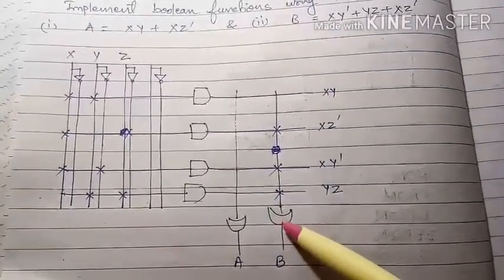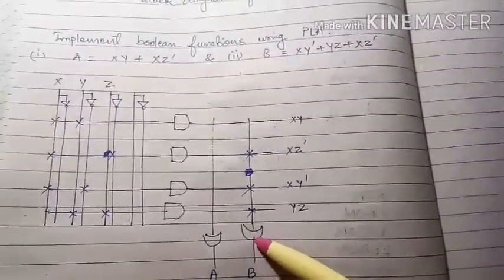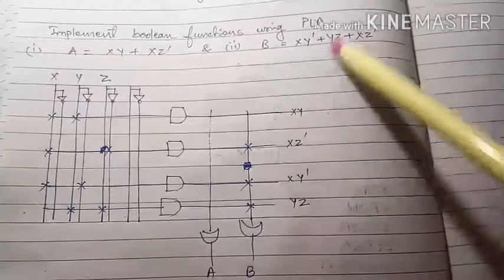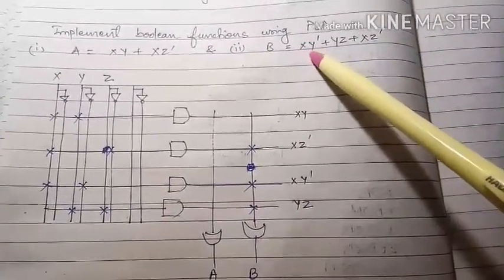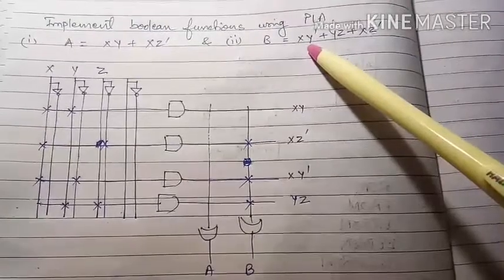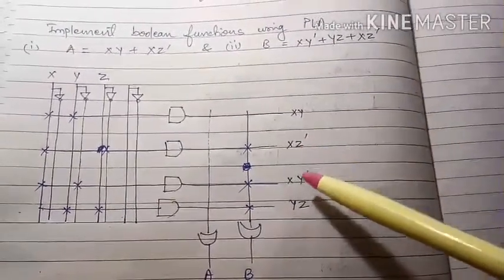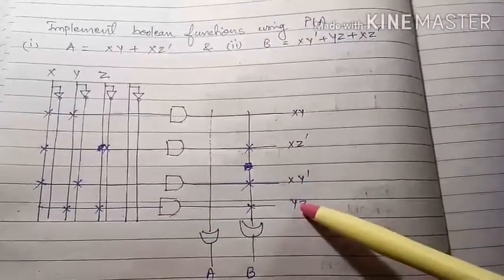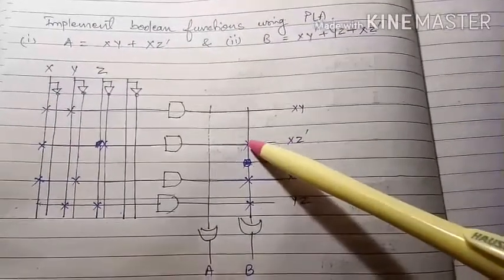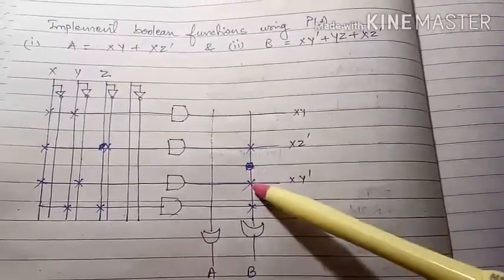Now masking of OR. Masking of OR means we need xy dash plus yz plus xz dash. So xy dash plus yz plus xz dash. So mask here, mask here, mask here.